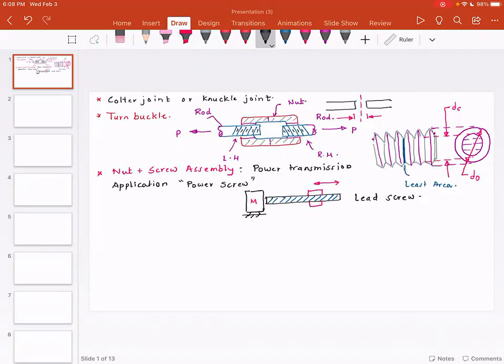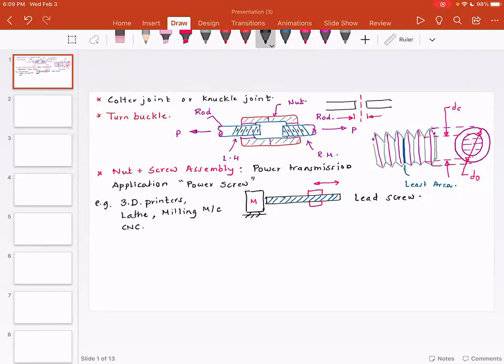If you look at different machines, for an example, 3D printers we talked about, lathe, milling machine, CNCs, wherever you have to transfer the rotary motion into linear motion, and that linear motion is typically used to transmit power.